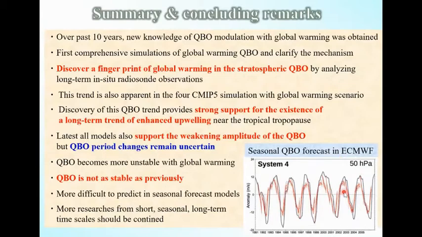So they try to forecast the QBO in order to investigate the effect of the QBO on other phenomena. But such unstable QBO conditions make it more difficult to predict in seasonal forecasts. So we have to do more research from short seasonal to long-term scales.